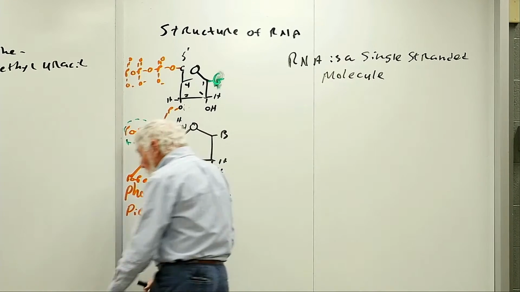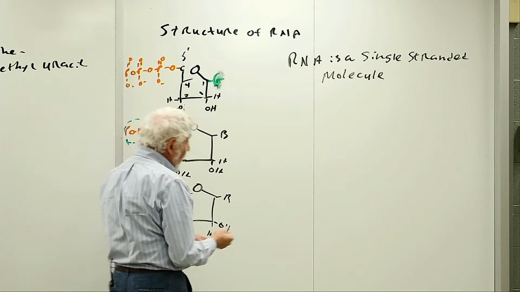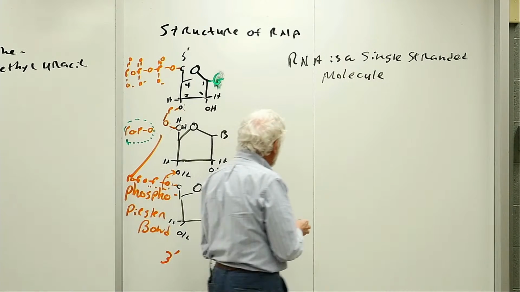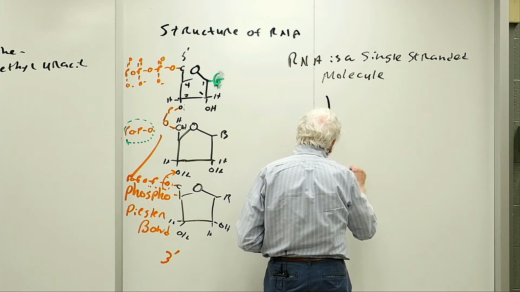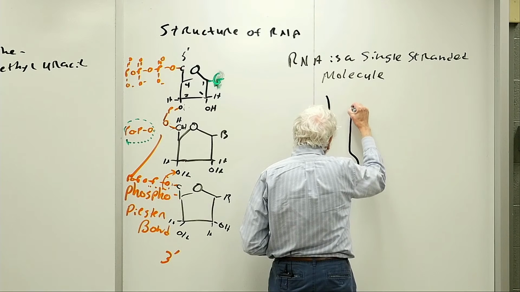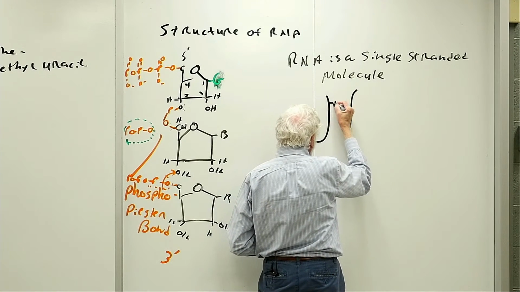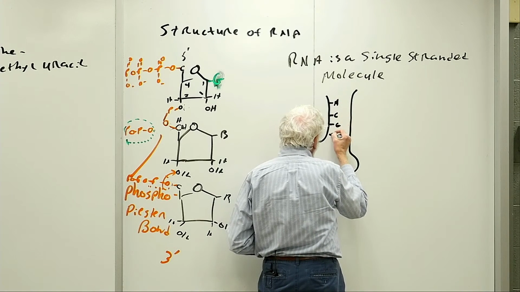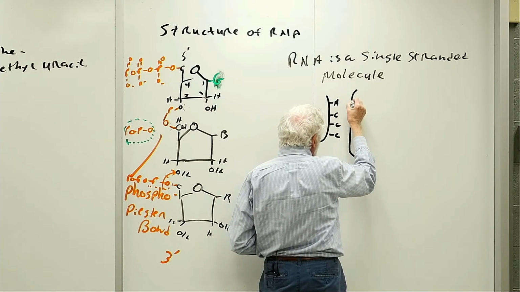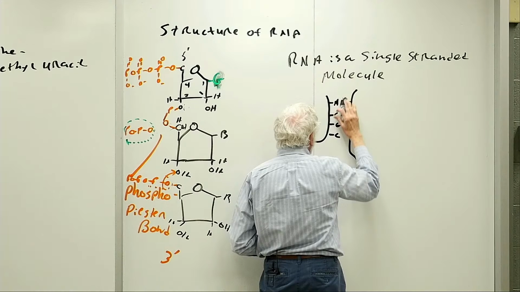But I don't want to leave you with the idea that there isn't some kind of base pairing here. I'll sort of draw a rudimentary structure where we can see that we begin to get a kind of three-dimensional shape out of RNA. So if this is an adenine, and this is, say, a cytosine, a guanine, and a cytosine, this adenine can base pair to a uracil over here.